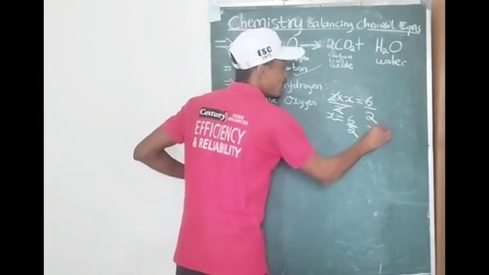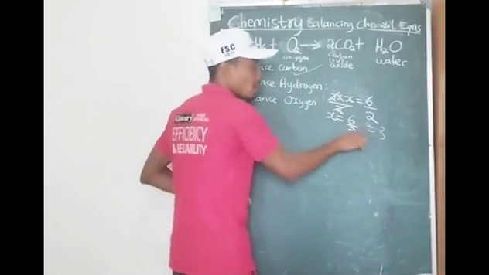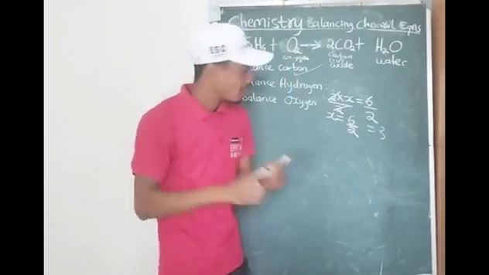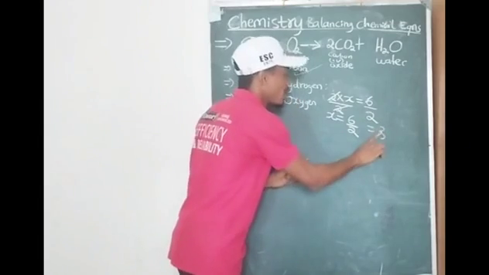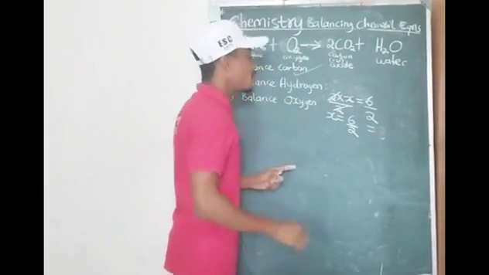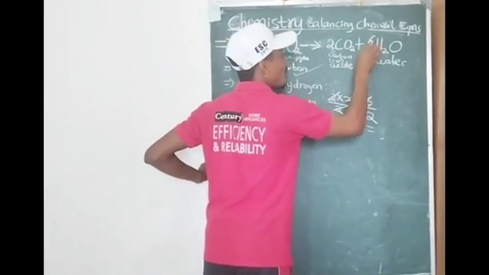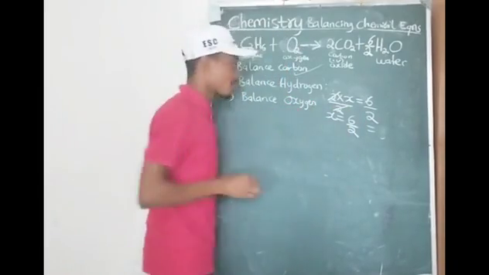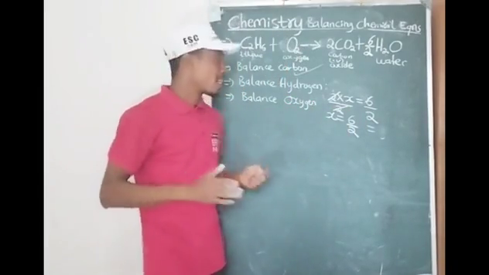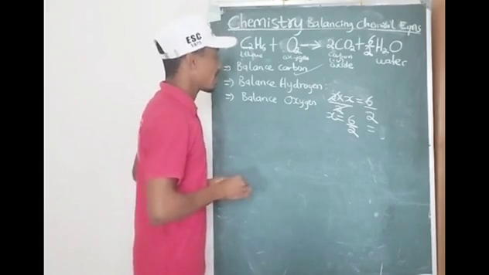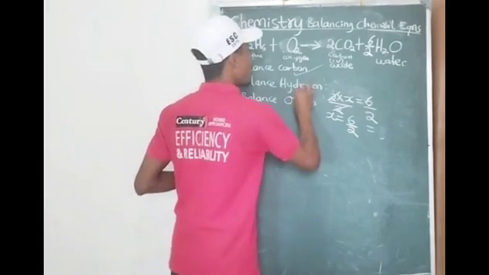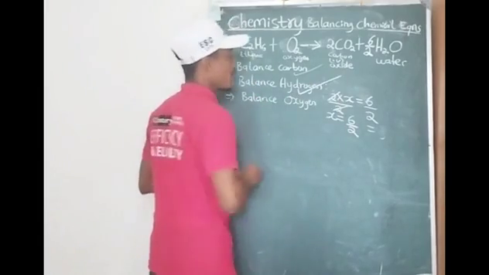Of course, we know that it is 3. But because of the general formula I want to prove, I don't want to put 3 there. So I prefer using 6 all over 2. I believe that is understood. So we have balanced hydrogen.